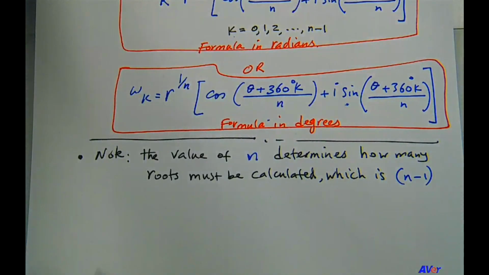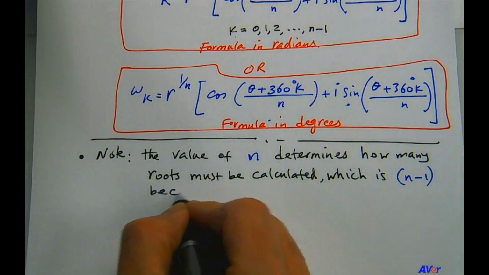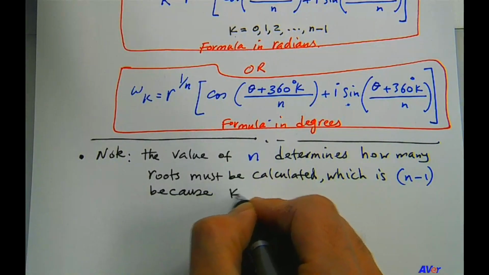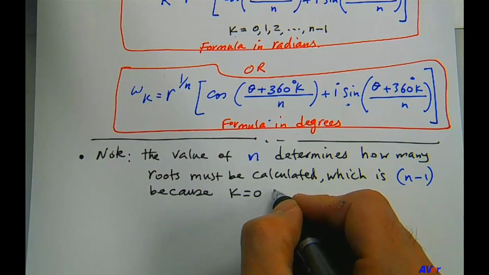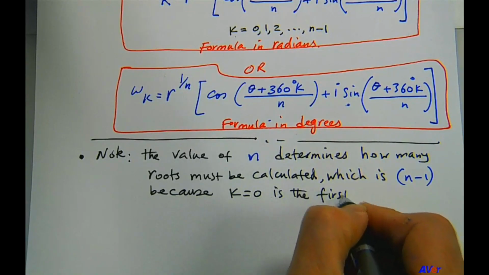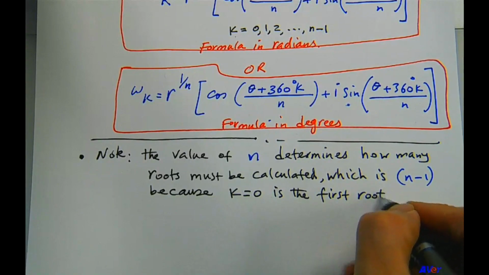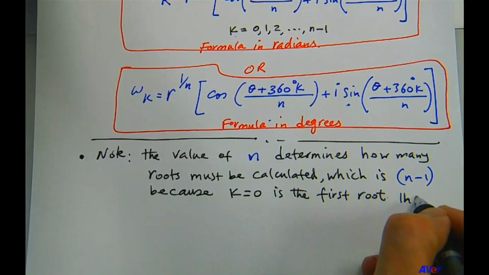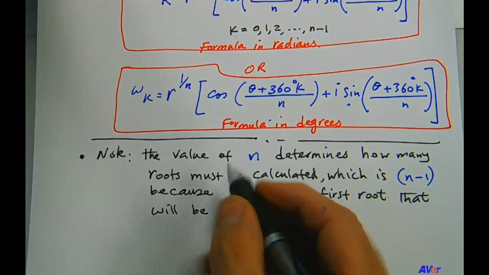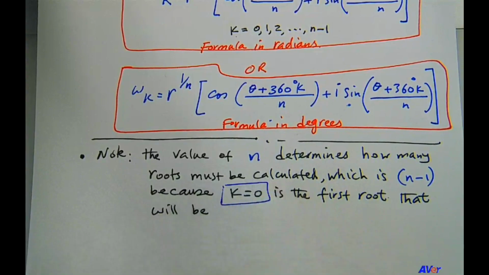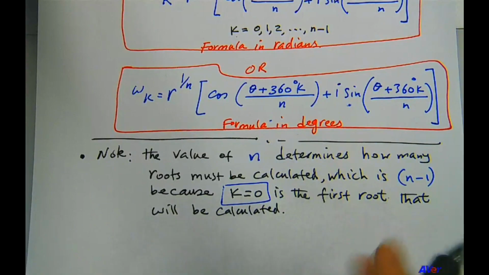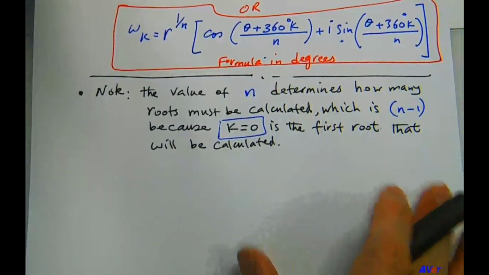Because k starts at 0. k equals 0 is the first root that will be calculated. Okay, so we talked about that.